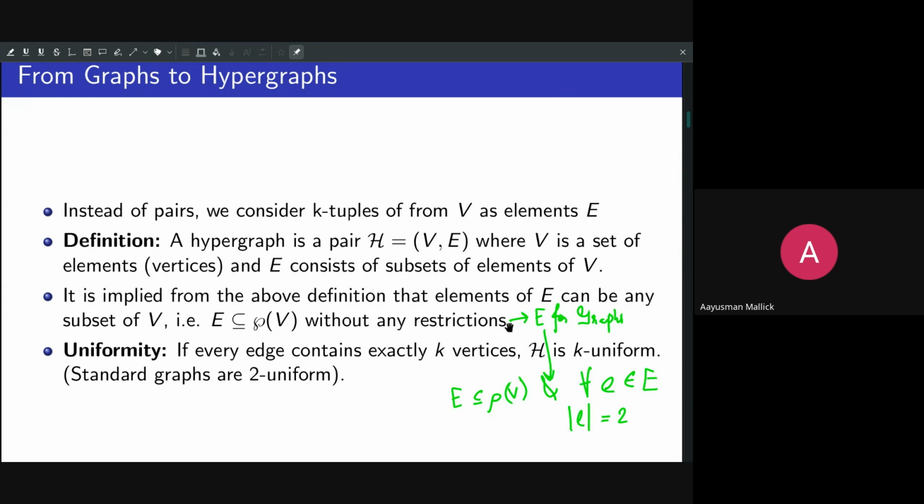In case of a hypergraph, we generalize that notion so that any subset of elements of V can be an element of the set of edges. Is your query clear, Anurag? Yeah, thank you. And sir, in this Mantel's theorem, we are taking normal graphs, right, or the hypergraphs? No, we are treating normal graphs.